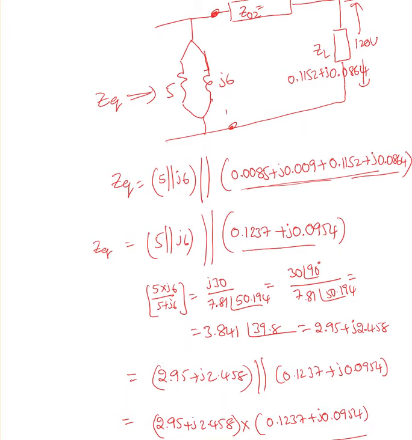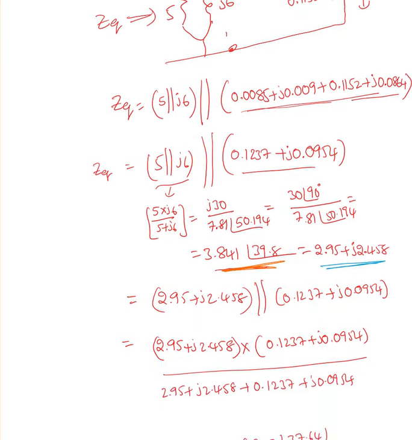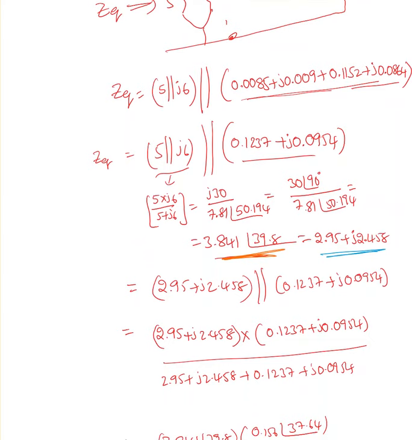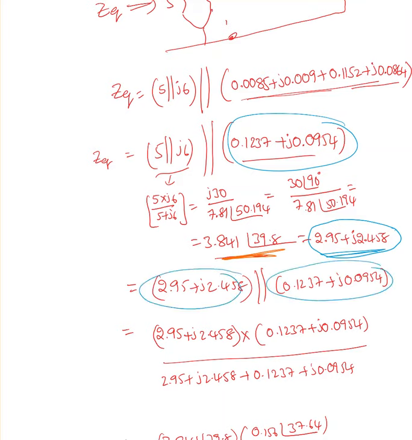Now I just did this parallel combination, 5 parallel with j6. I end up with 3.841 at an angle of 39.8. Now when I convert that into rectangular format, 2.95 plus j2.458. Now this 2.95 plus j2.458 parallel with this. Okay, so now I have two complex numbers that are in parallel.